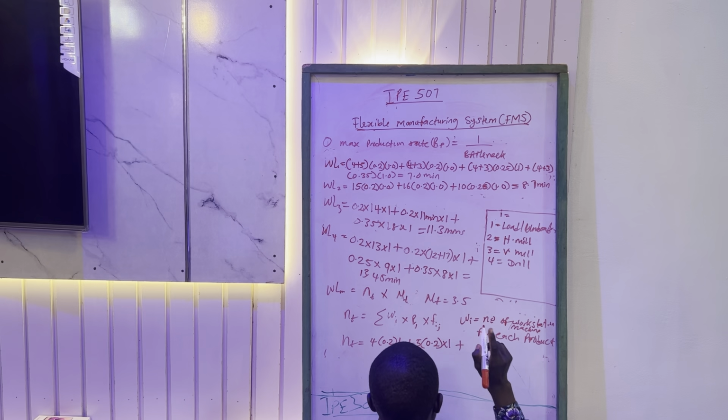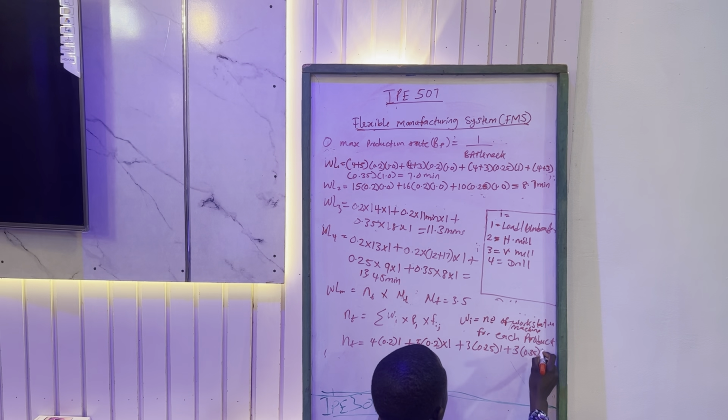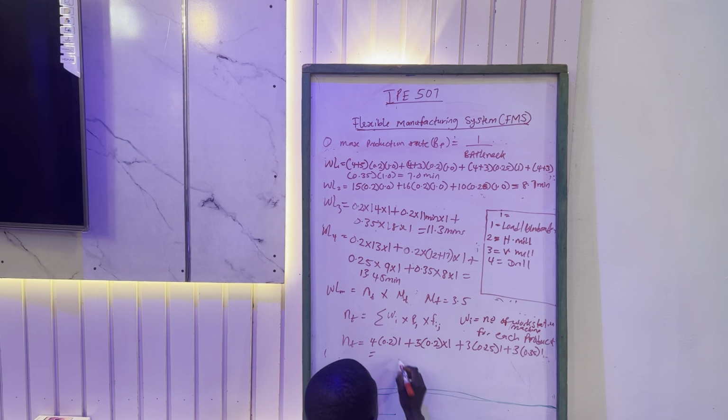Load and unload are 1, hmin 2, then drill 3. So that is 3 into 0.25 into 1. Then plus product D, which is 3 as well. That will be 3 into 0.35 into 1. Calculating everything, we get it to be equal to 3.6.